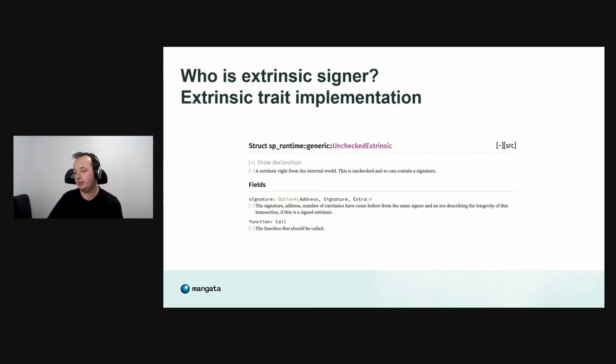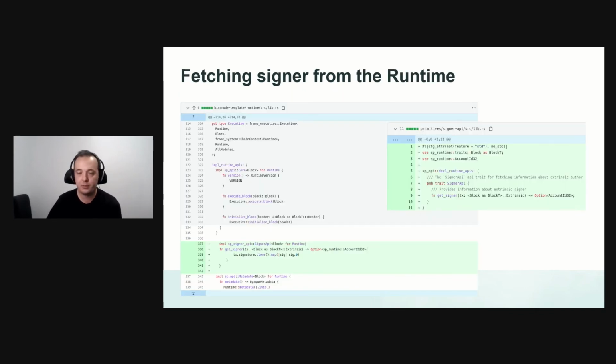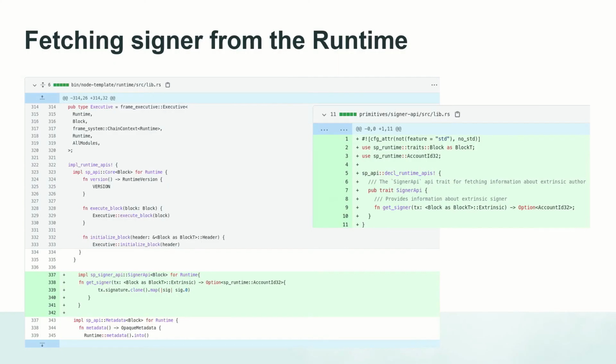And in Substrate, we can use a Runtime API for that. So how does it work? We are defining a new Runtime API. We are basically defining a single method, get_signer, that takes an extrinsic as a parameter and returns an optional account ID. So it's basically who signed the extrinsic.